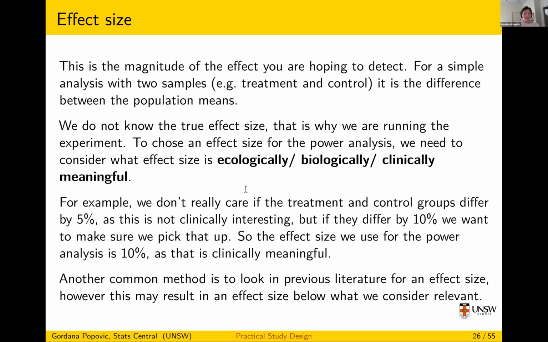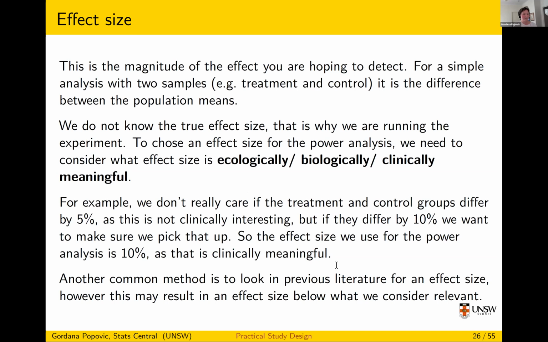It's very common to look at the literature to find an effect size as well. I do use it, and we do it all the time if there's no meaningful way to create an effect size. But you do pay a price for that. So if you look at your previous literature and you find that the difference between the treatment and control groups was 5, say, but 5 might not have been relevant to you, you're going to use this small effect size, and you need a much larger sample size to estimate a small effect size.